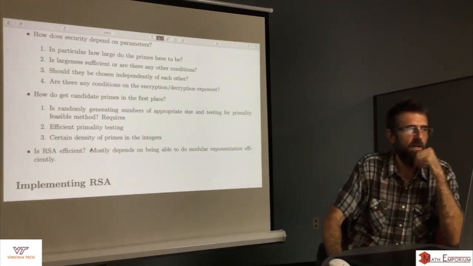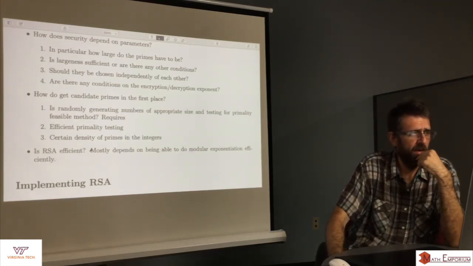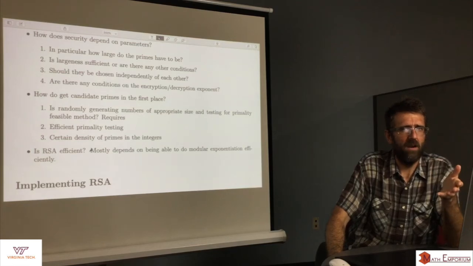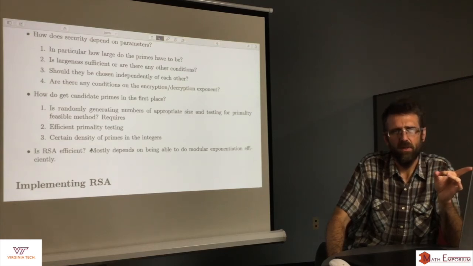Okay. And then another question. This is kind of more prosaic, but what about running RSA itself, right? Can we do this efficiently? The example that we looked at, well, the numbers are so small it didn't really matter.